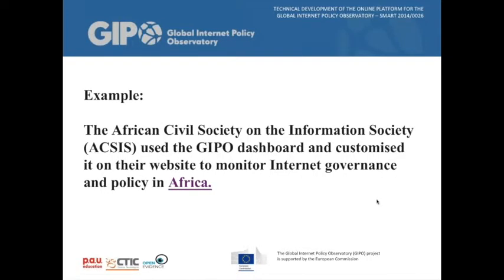We have an example of African Civil Society on the Information Society, ACIS, that uses the JIPO dashboard and customized it on the website to monitor internet governance and policy issues in Africa. I'm going to show you the example right now.